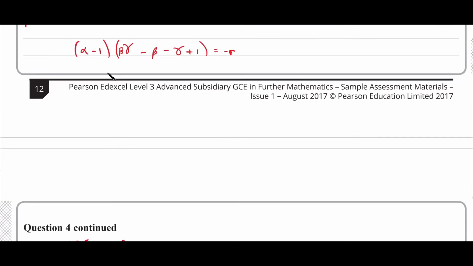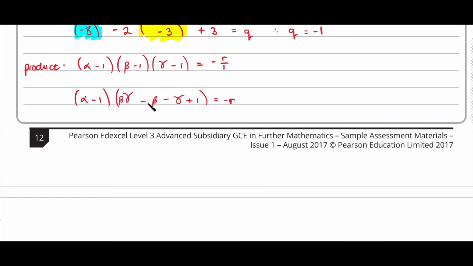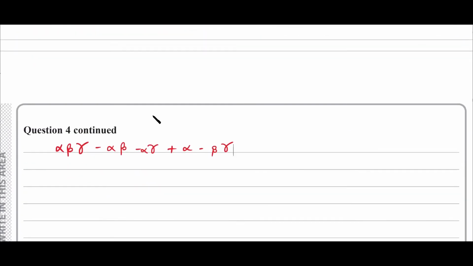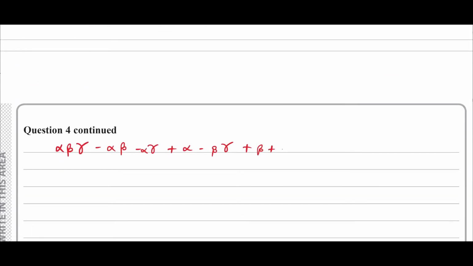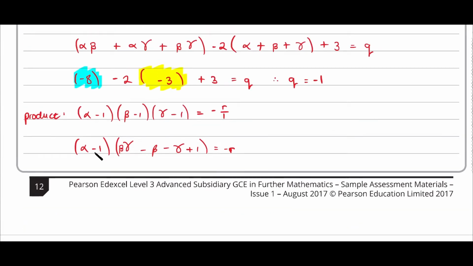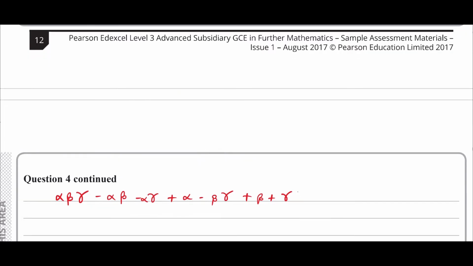Then minus 1 times beta gamma, that's minus beta gamma. Then minus 1 times minus beta, that's plus beta. Then minus 1 times gamma, that's plus gamma. And finally, minus 1 times 1, that's minus 1. And all this is equal to minus r.